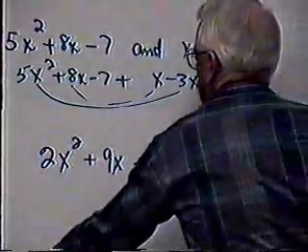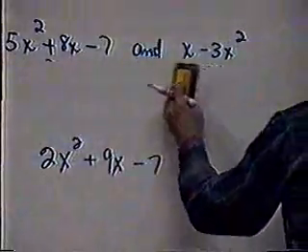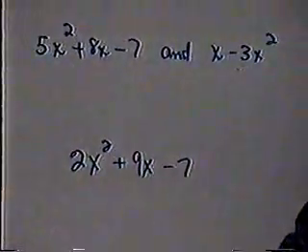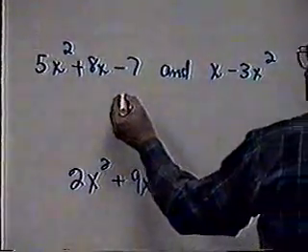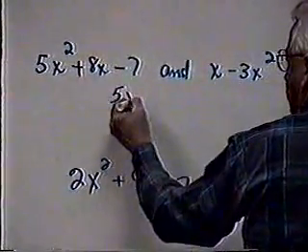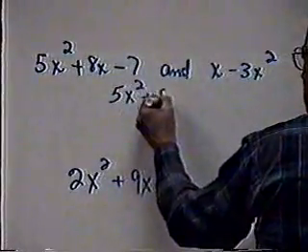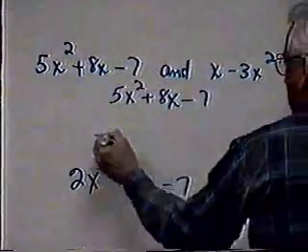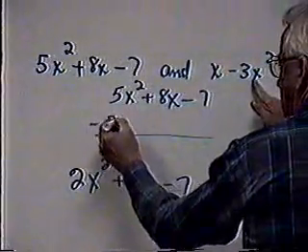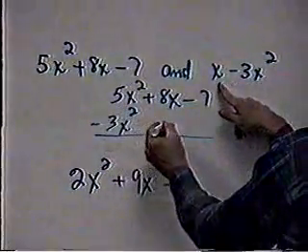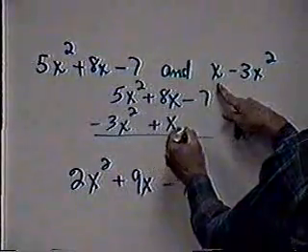All right? A third way of doing it. Whichever way you feel comfortable with, use it. You don't have to do all 3. Is to write it underneath each other, just like you do numbers when you're going to add regular numbers. Okay? But place the x squares underneath the x squares. Place the x's underneath the x's.